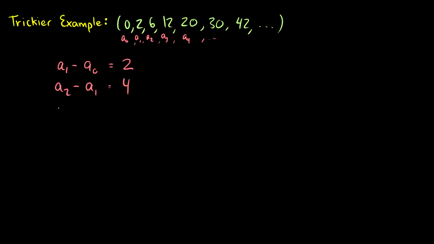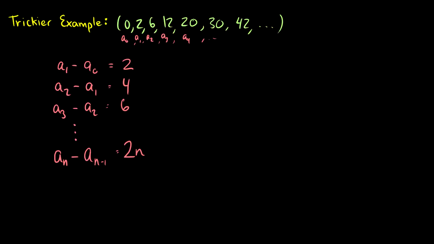Okay, a3 minus a2 is 12 minus 6, which is 6. So we can see this pattern here. Following this pattern, we can see that an minus an minus 1 is going to be 2 times n.